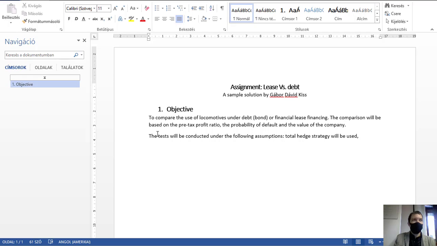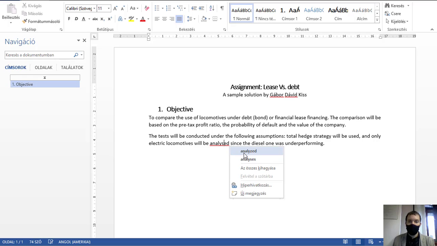And since the diesel engine is useless, only electric locomotives will be analyzed, since the diesel one was underperforming. Okay, so let's see what happens.